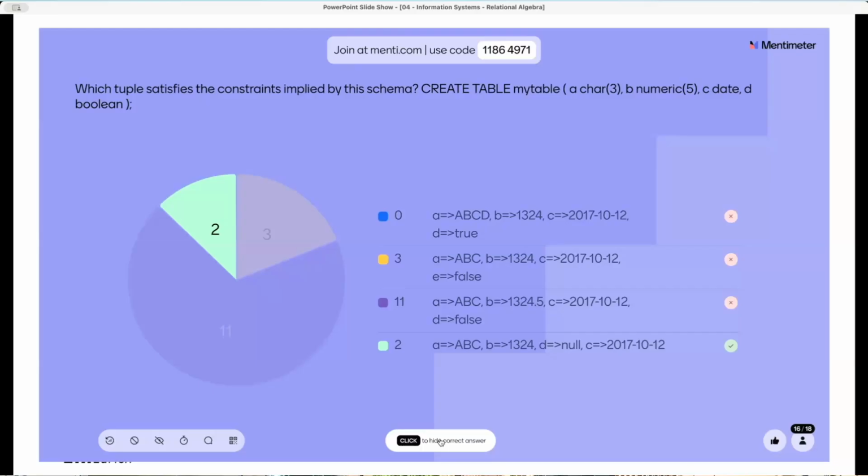Yes? Exactly, attribute E, I'm repeating for the people on Zoom to hear, attribute E is not defined in the schema, so it breaks relational integrity in a way that's not allowed because the schema is always closed in SQL, so you cannot just add more values like that. So the second one is incorrect.